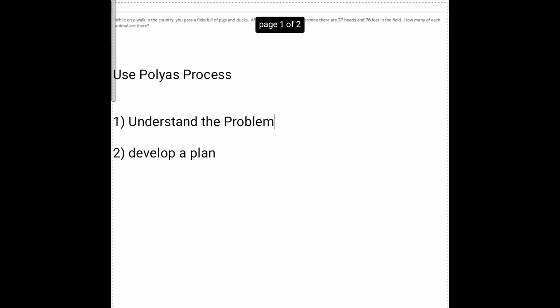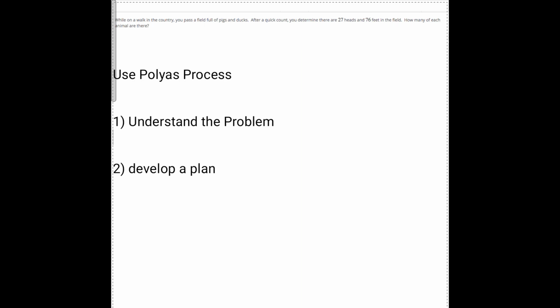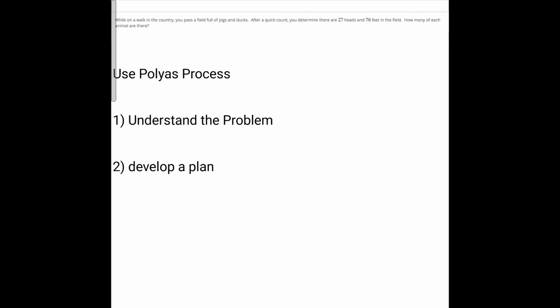Okay, so we've got to pretty much dissect this problem and see where to go from here. So first things first, understand the problem. Well, the problem is actually telling us a good bit of information, but what the question is asking for is how many of each animal are there.